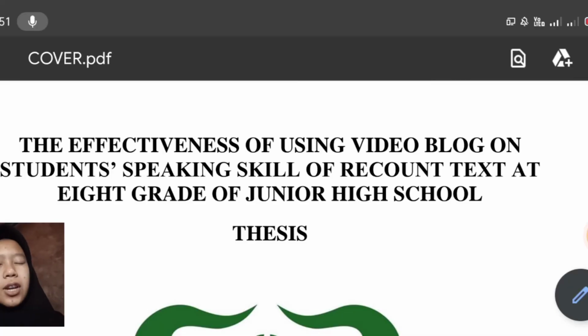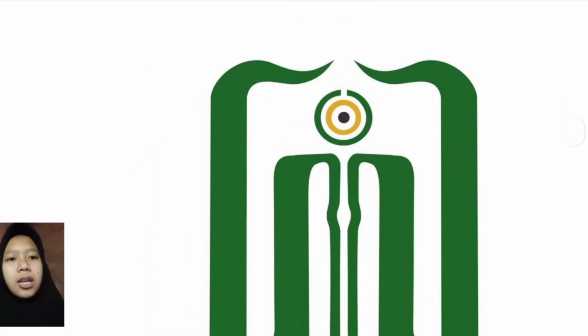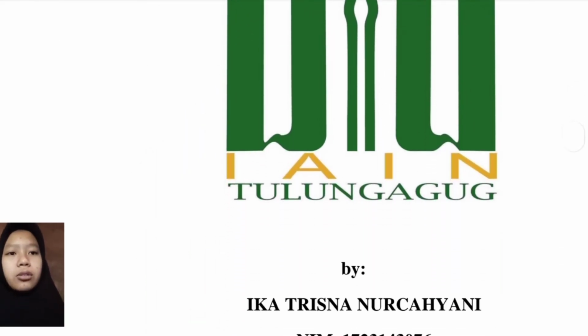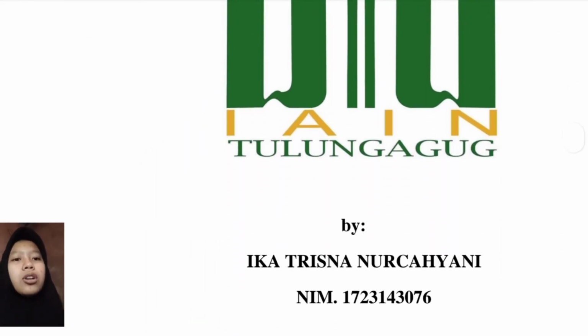This is an example of experimental research. The title is the effectiveness of using video blog on student speaking skill of recount text at the 8th grade of junior high school. This is a thesis from IAIN Tulungagung. The author is Ika Trisna Nur Cahyani.